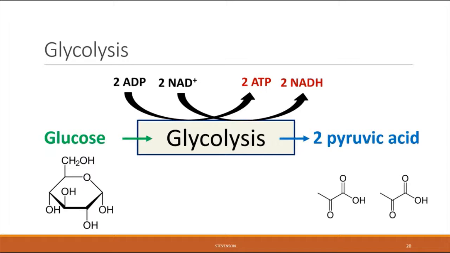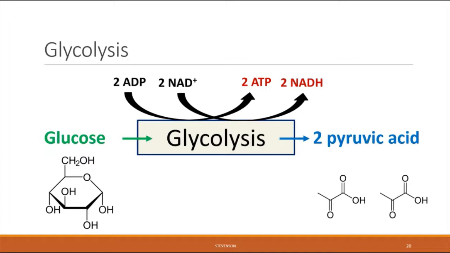Now, NAD, I don't want you to know what it stands for. It stands for nicotinamide adenine dinucleotide, but that's not something I want you to know. What I want you to know is that NAD and NADH are the uncharged and charged versions of a molecule that is an even more temporary energy carrier than ATP.